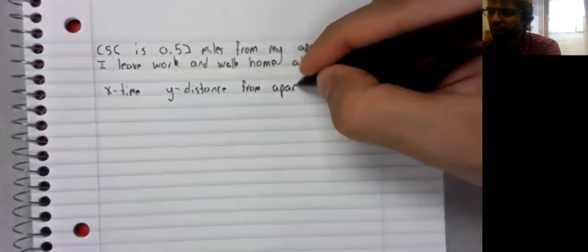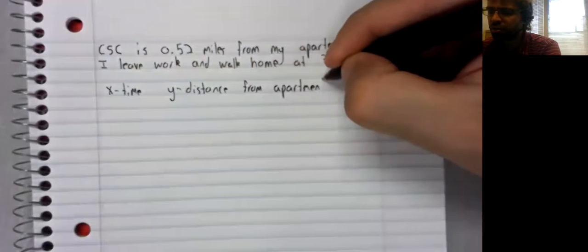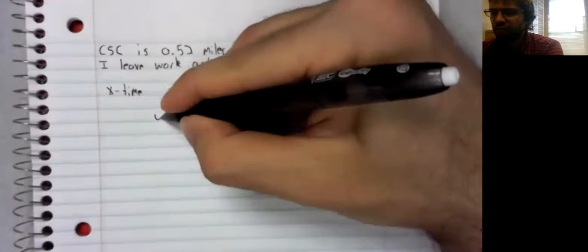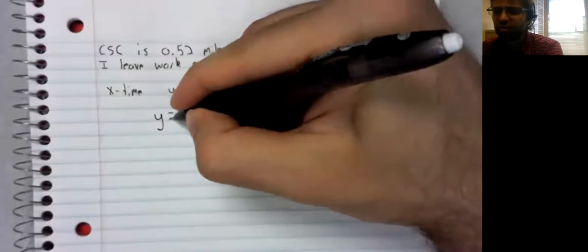So if x is the time spent walking, and y is my distance from my apartment, we'd already got in as far as this.